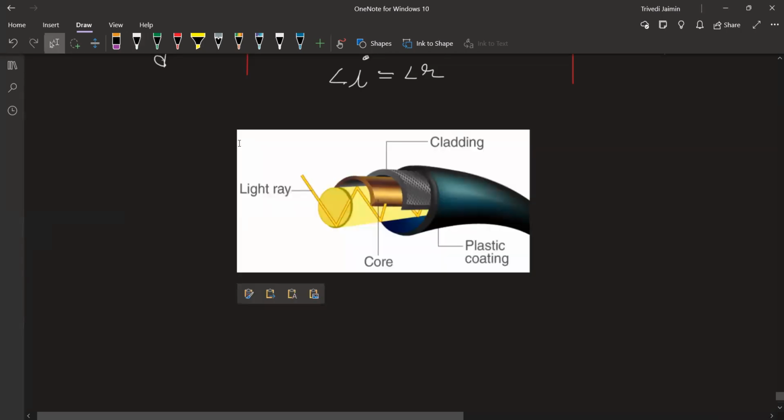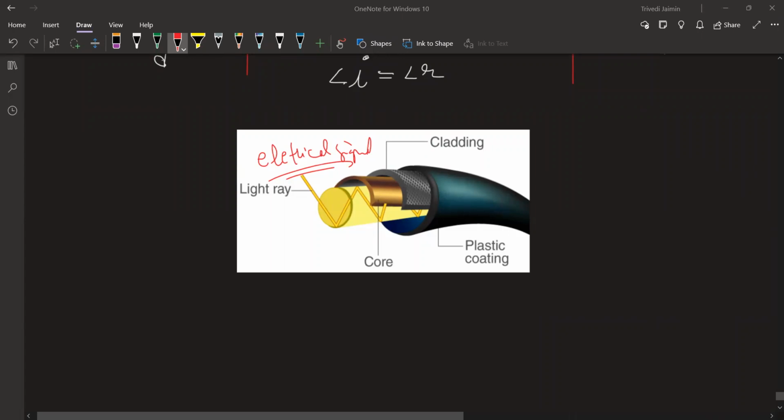In this, light travels, actually in the form of electrical signal. Like how light travels from our eye. Have you all studied the human eye?